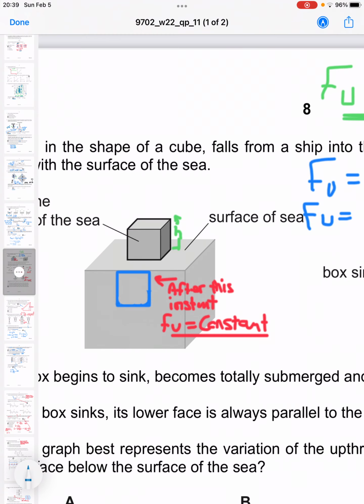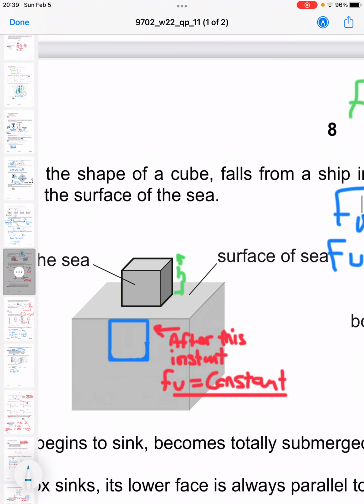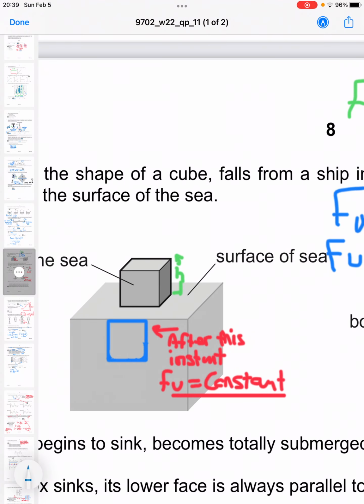As this box dips into the surface of the water, the formula applies: upthrust is directly proportional to the depth, taken from rho g V, which is area into height. Area is constant, so it will not change. So once this box would completely dip into this water section, the rho g V section would become constant, so the upthrust force would become constant.